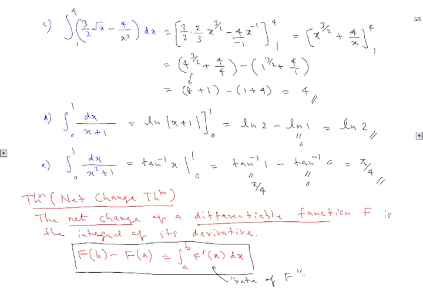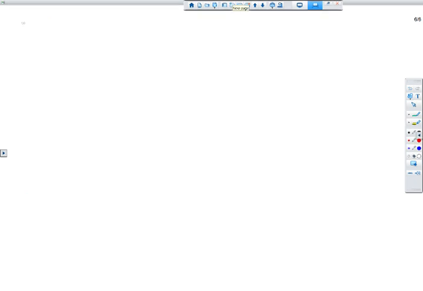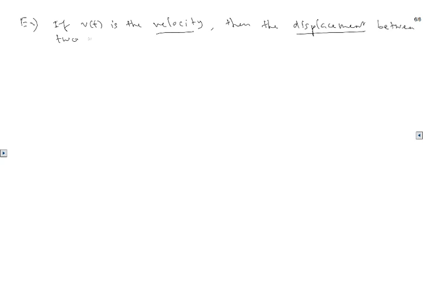So let's write an example for that. If v(t) is the velocity, then the displacement between two times t1 and t2 is s.